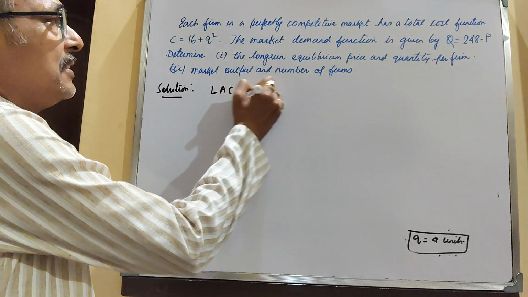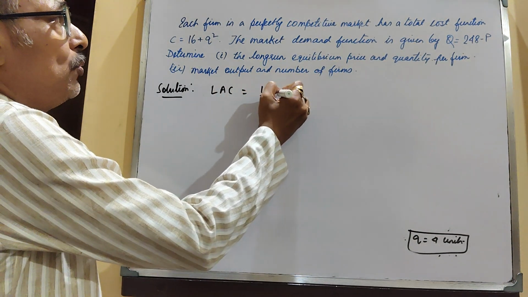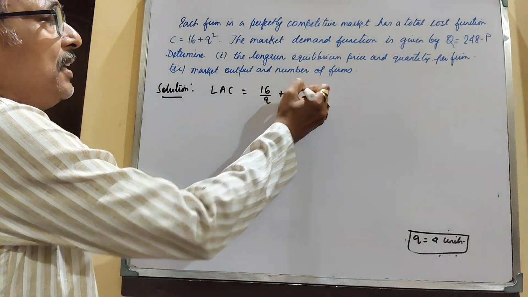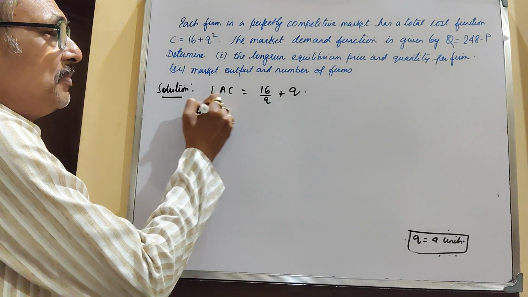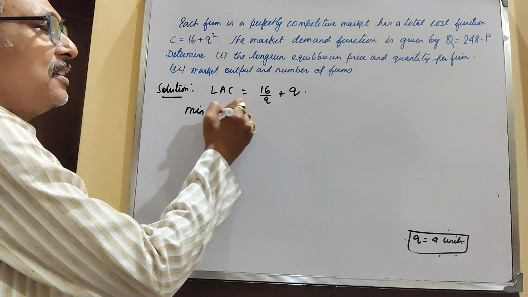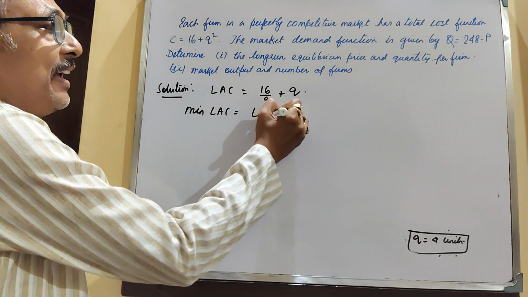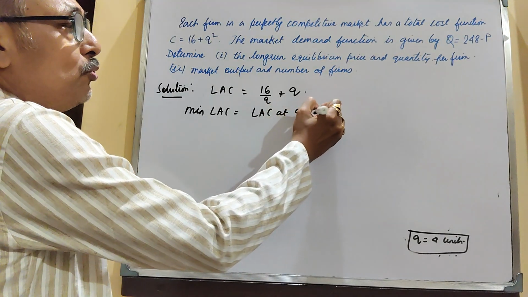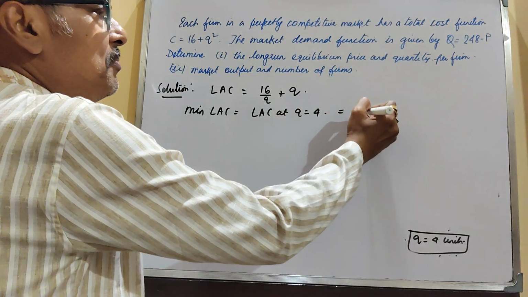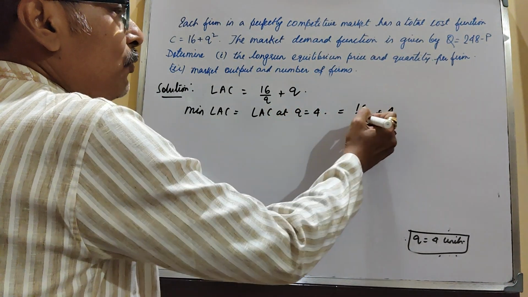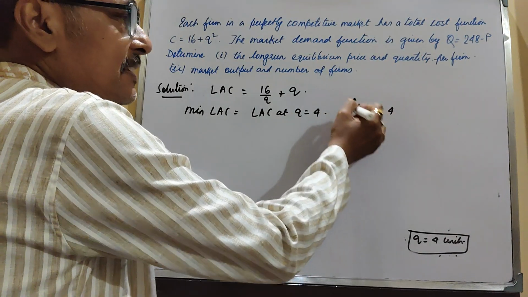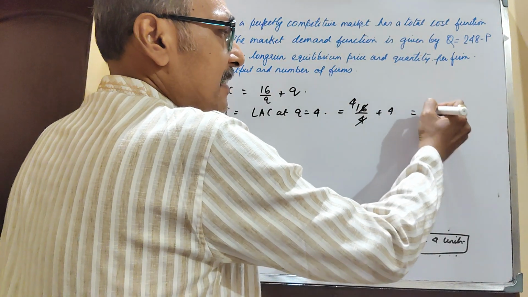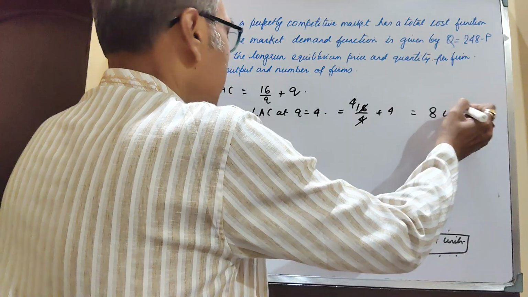LAC is 16 by q plus q. So minimum LAC at q equals 4 is 16 by 4 plus 4, that is 4 plus 4, which is 8 units.